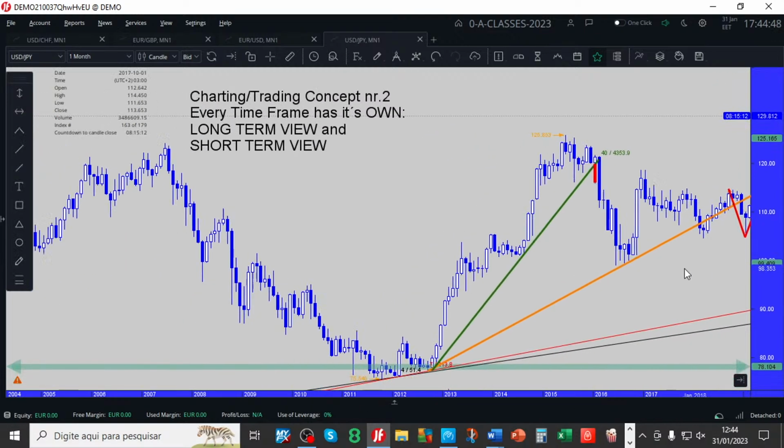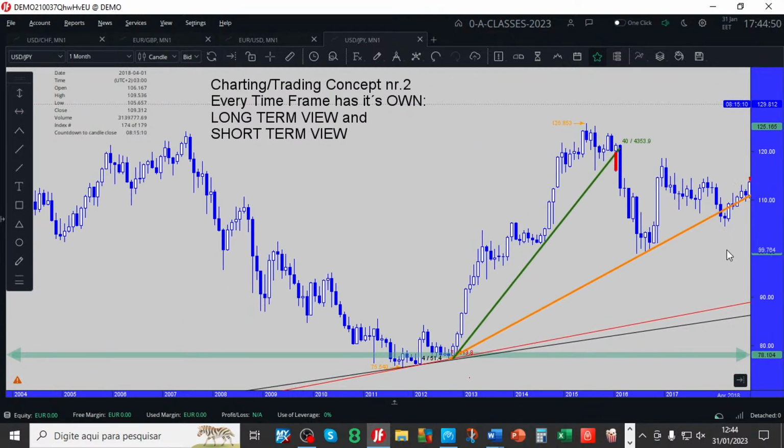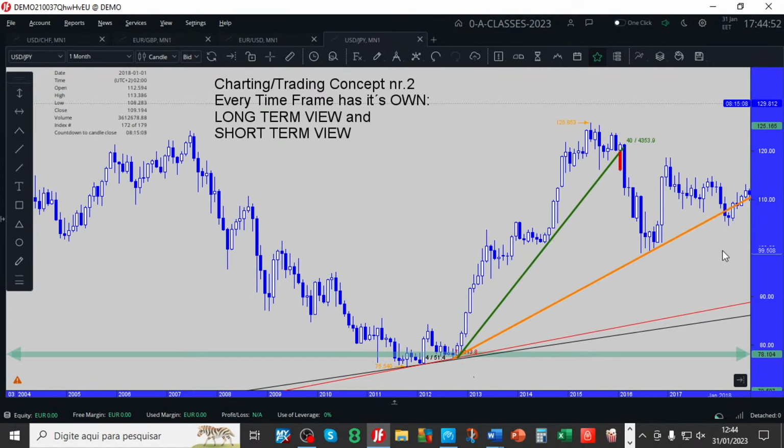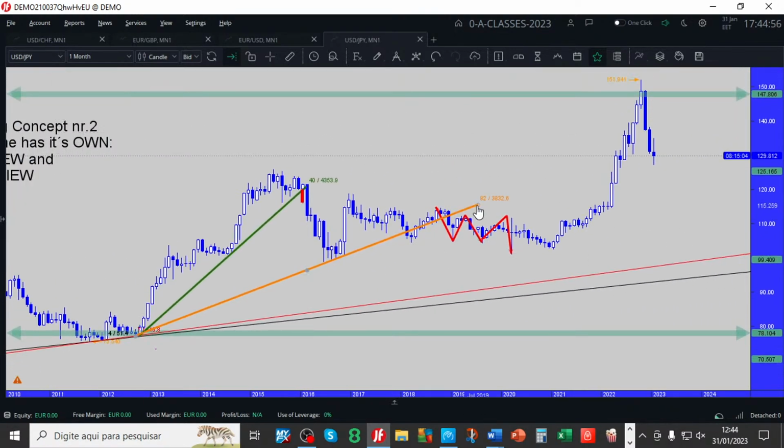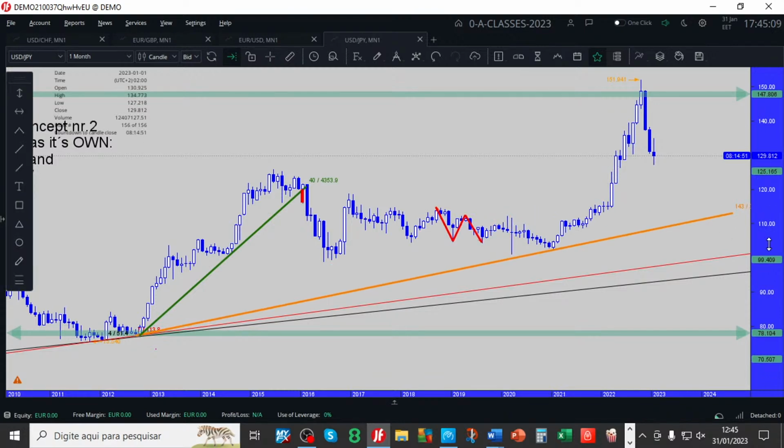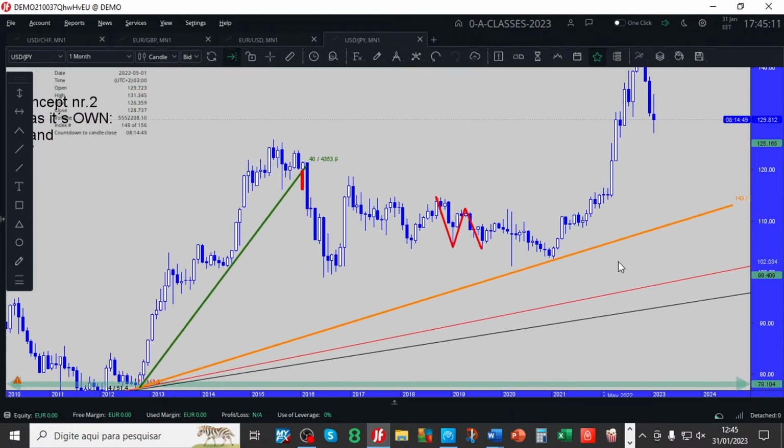Now, of course, I hide the future with purpose. Now that we see everything right now, I need to take the orange line, the medium term, and readjust it. Why? As yesterday we learned, a trend line is a tool that confirms a trend.